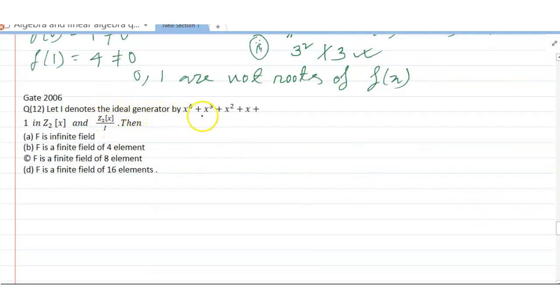Next problem is the ideal generator. The generator is x to the power 4 plus x cube plus x square plus 1 in Z2[x], and Z2[x] divided by I. Then F is an infinite field and F is a finite field.